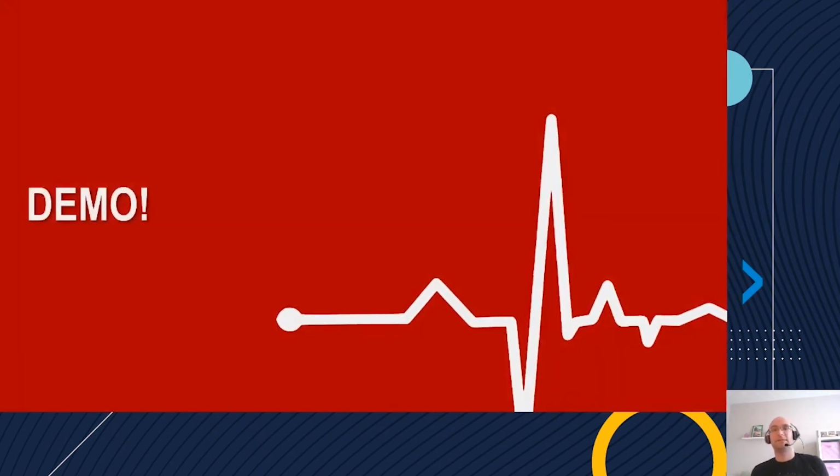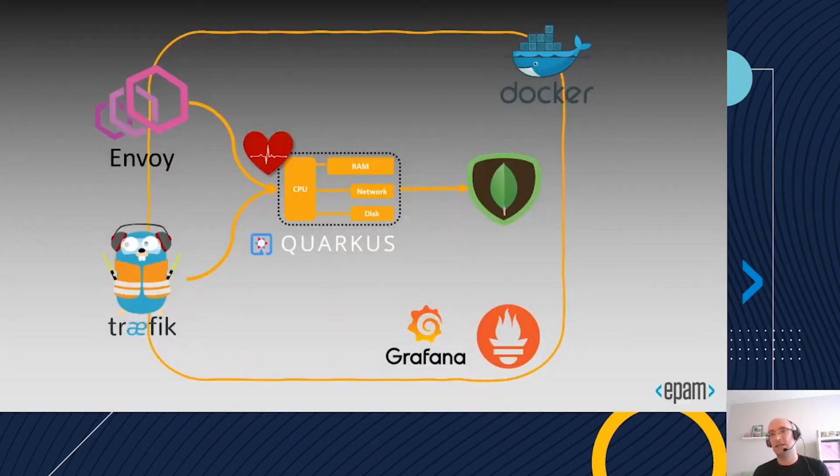And now it's time for some demo, because I think it makes sense to also show the practical side of all these theories. In the demo application, this is what I was setting up. If you go to my code base in GitHub, the whole thing can be fired up with a simple make command in Docker Compose.